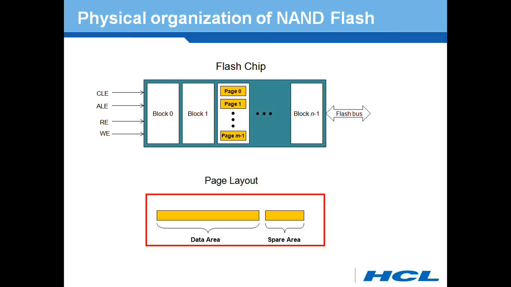With the help of control pins like CLE and ALE, where CLE is command latch enable and ALE is address latch enable, when we want to transfer any address to the flash memory, these control pins are used to transfer the data as an address to the flash memory.